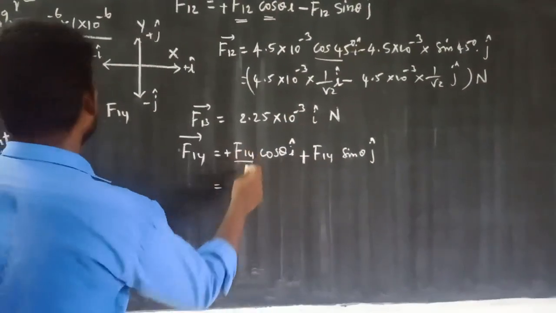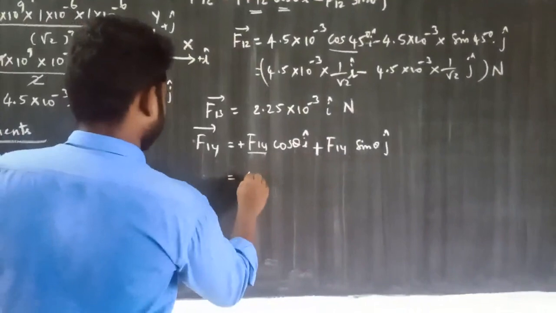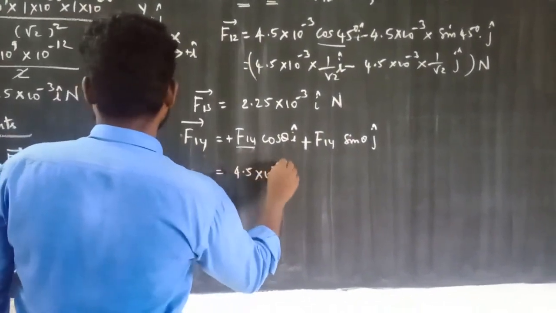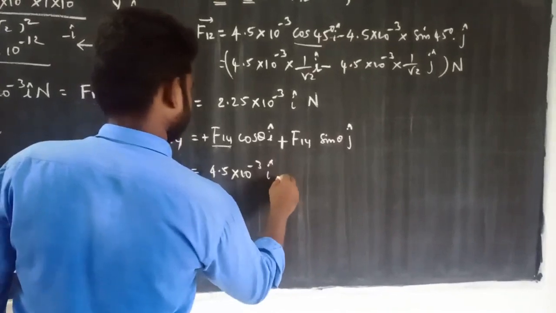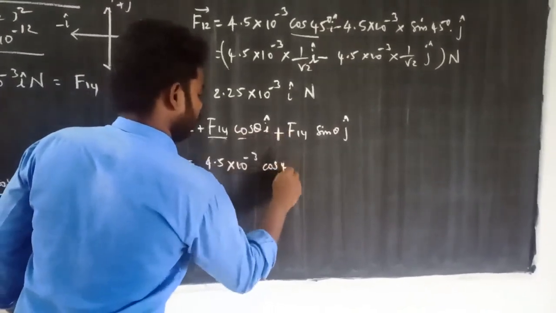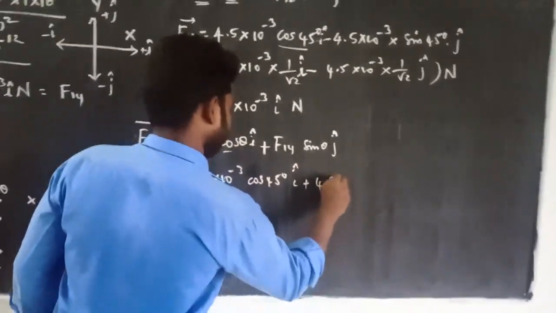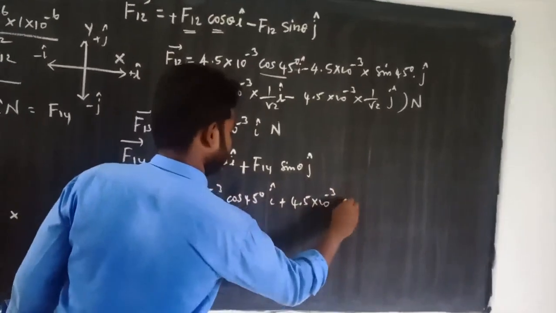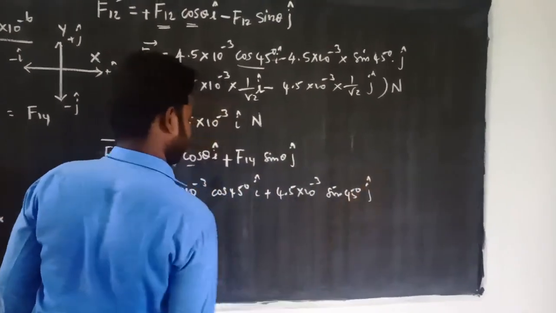The value of F14 we already found: 4.5 into 10 to the power minus 3. So here cos theta is cos 45 degree i cap plus F14, 4.5 into 10 to the power minus 3, sin 45 degree into j cap.